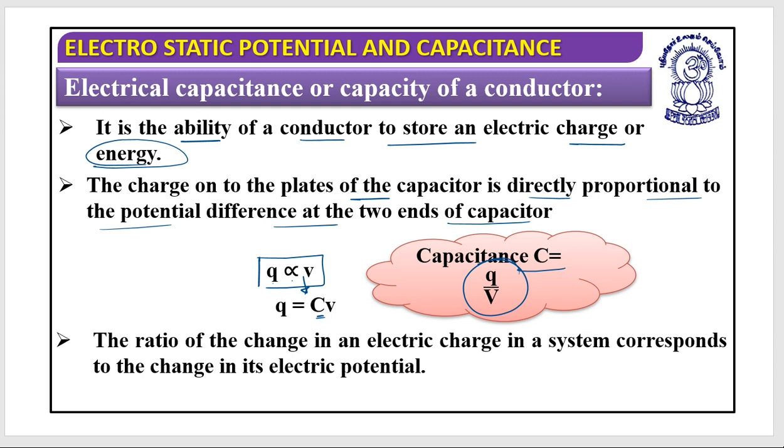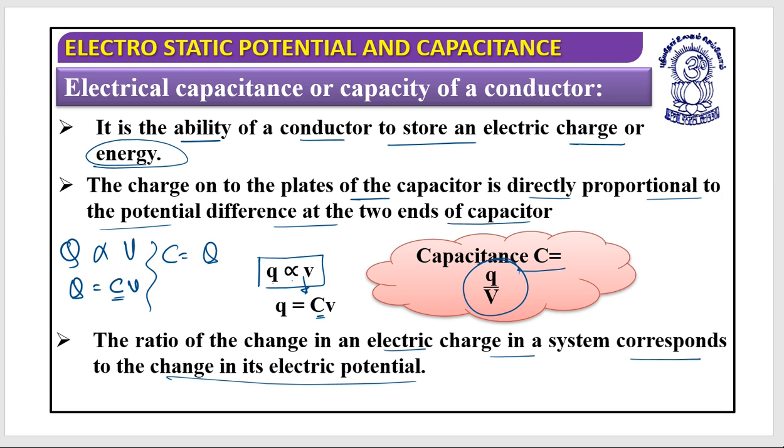It is the ratio of the change in an electric charge in a system to the corresponding change in the electrical potential. Please understand that Q was directly proportional to V, and to remove this proportionality symbol we are introducing a constant.